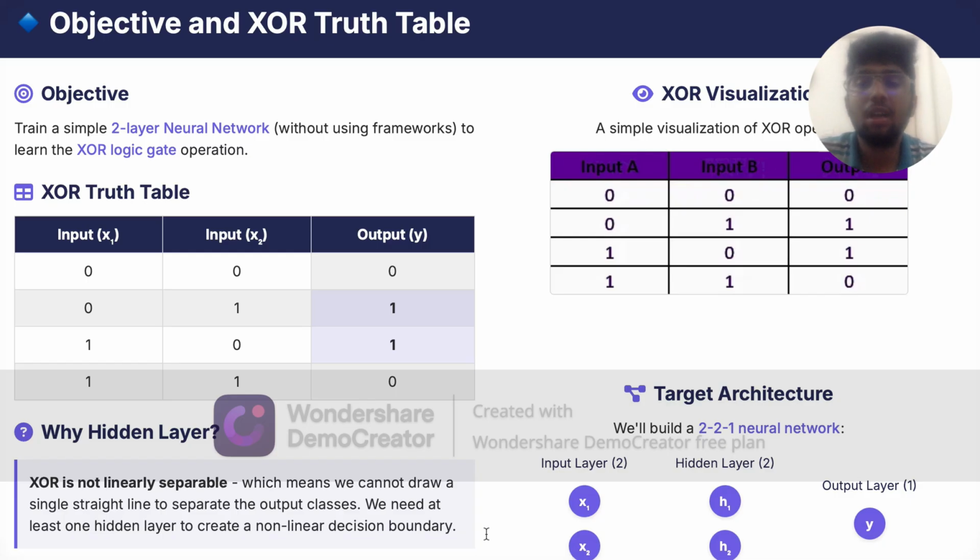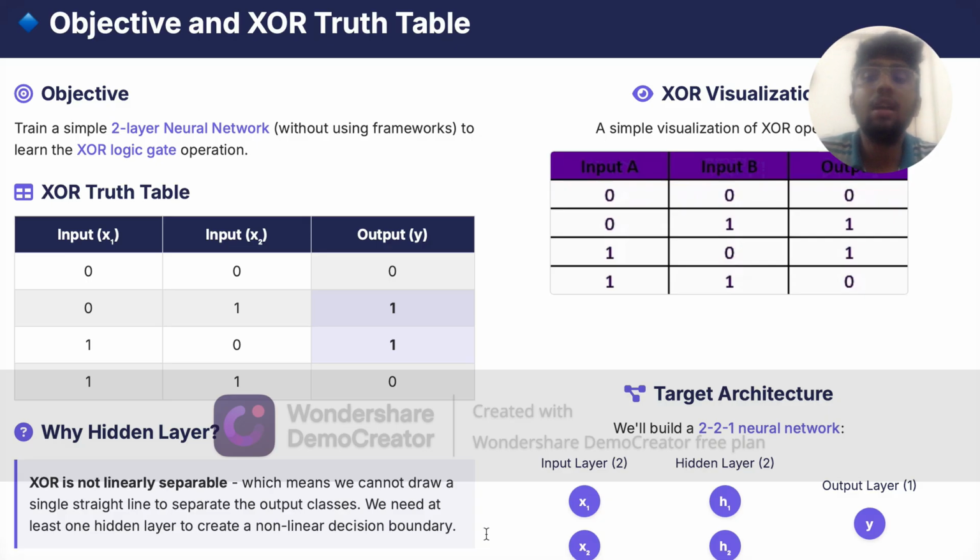In this we have four samples: 0 0, 0 1, 1 0 and 1 1, which produce the outputs 0 1 1 0. Why use an MLP, and why can't we implement this with a perceptron? It's because XOR is not linearly separable, and a perceptron can only handle linearly separable datasets.